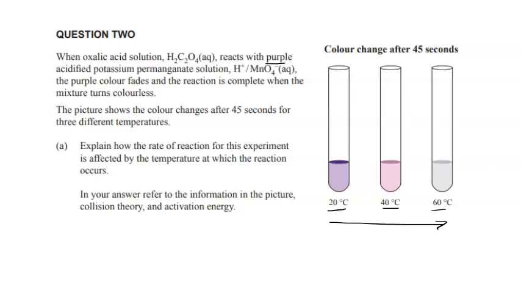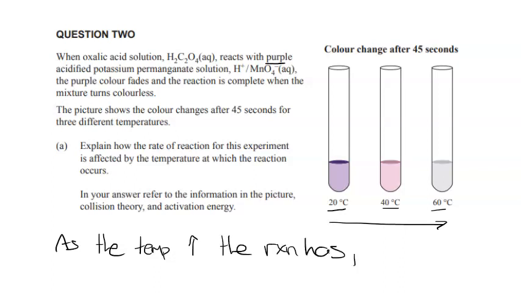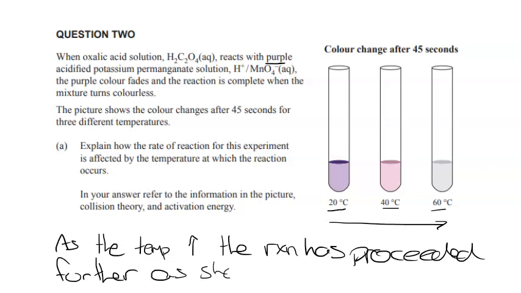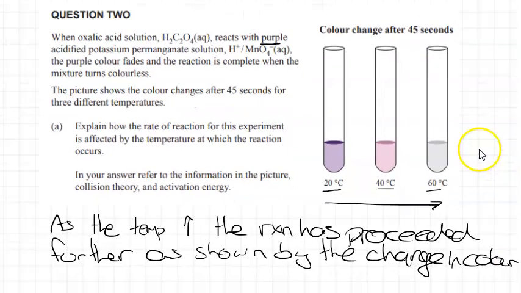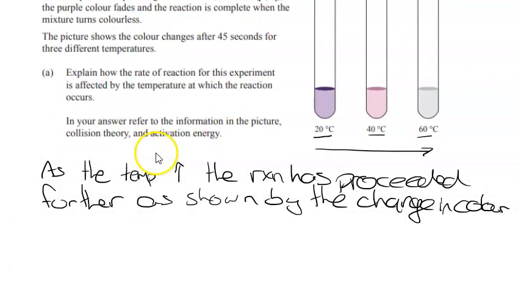So let's just say as the temperature increases, the reaction has proceeded further, as shown by the change in colour. So let's explain how we know this by talking about collision theory and activation energy.